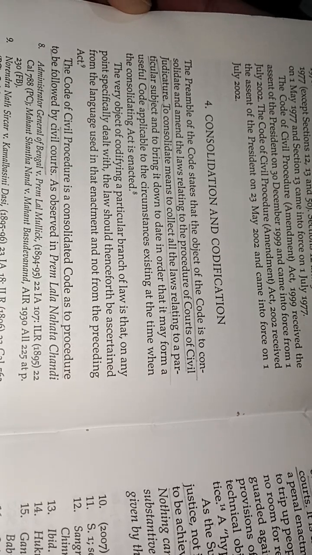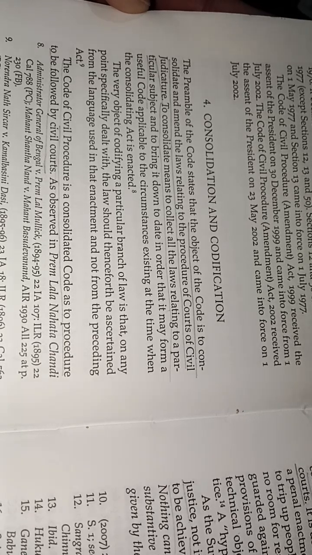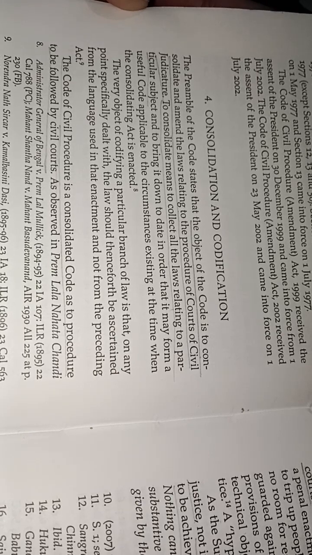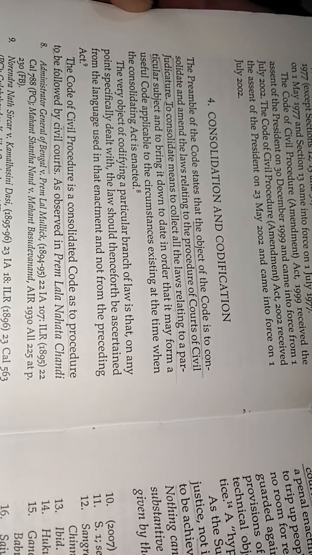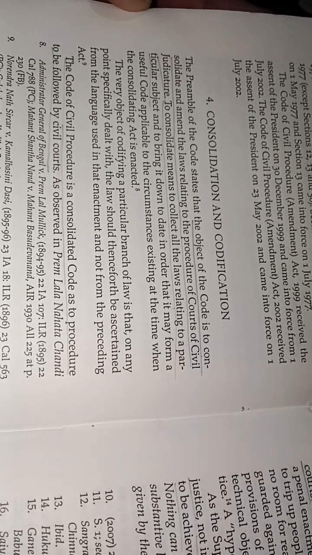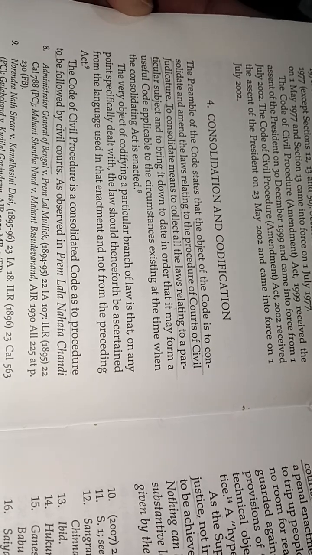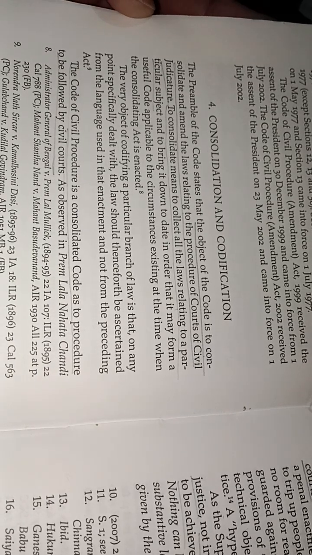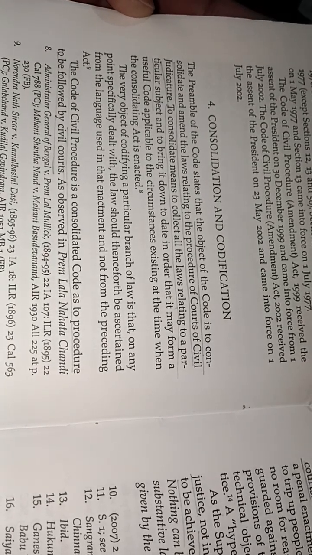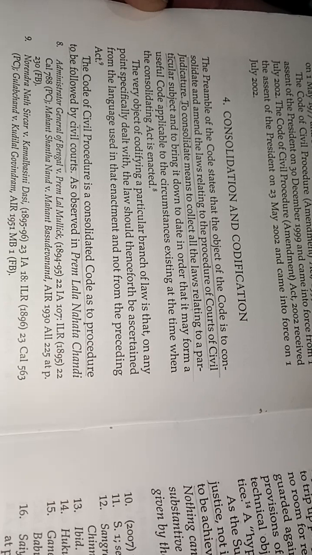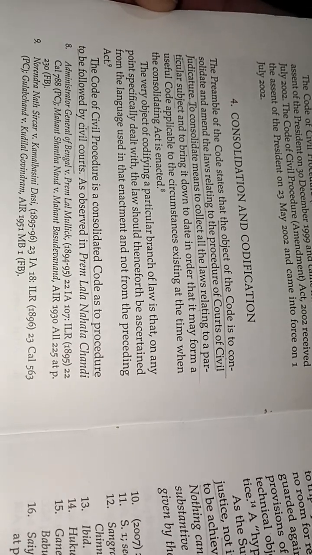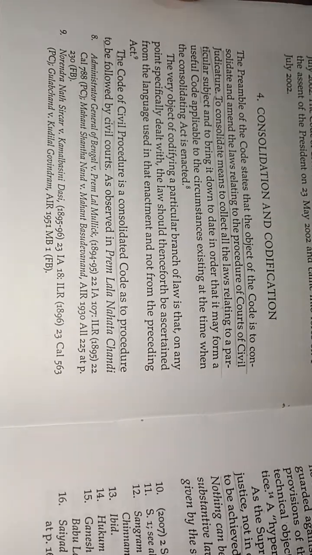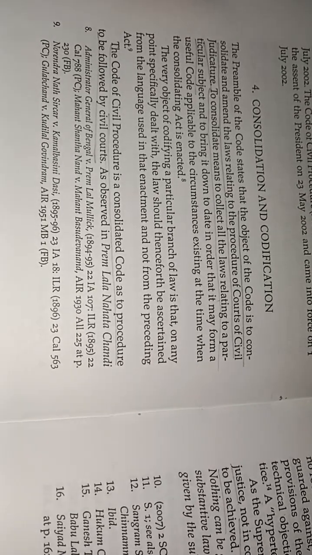To consolidate means to collect all the law related to a particular subject and to bring it down to date, in order that it may form a useful code applicable to the circumstances existing at the time when the consolidating Act is enacted.